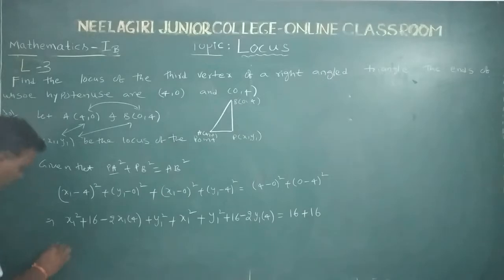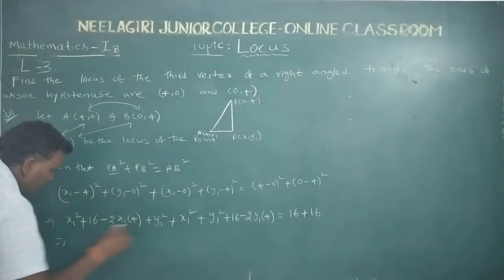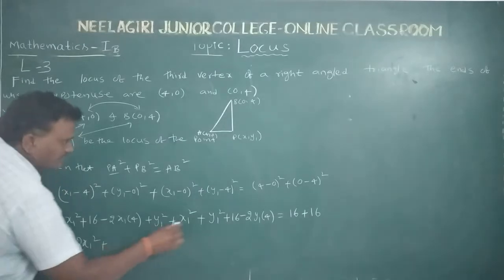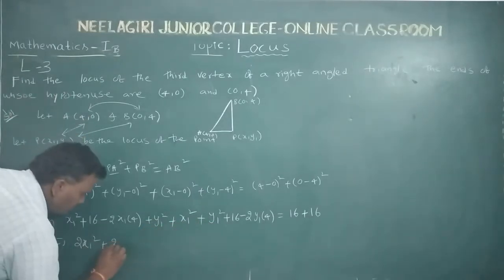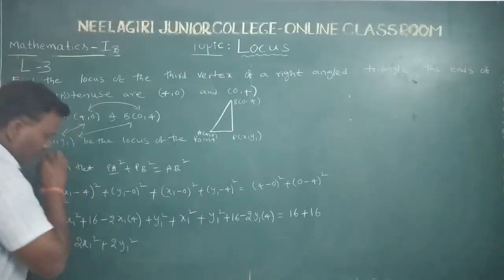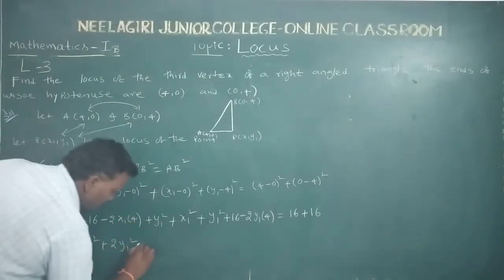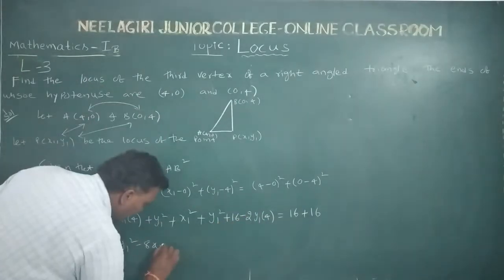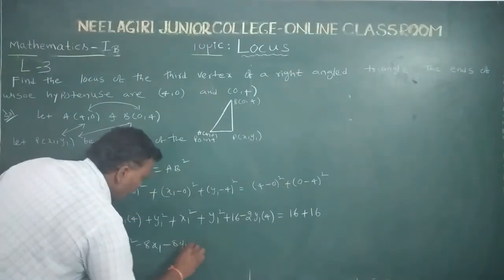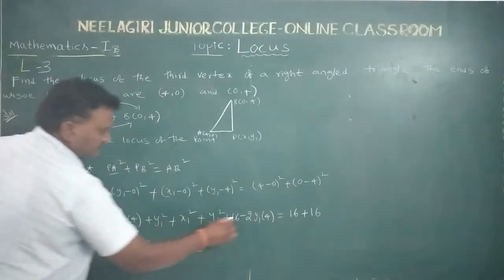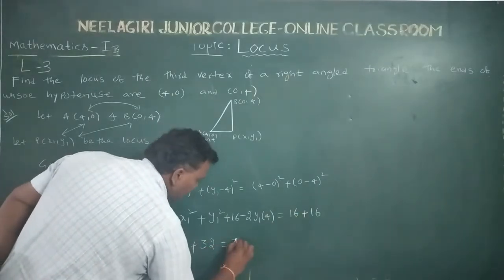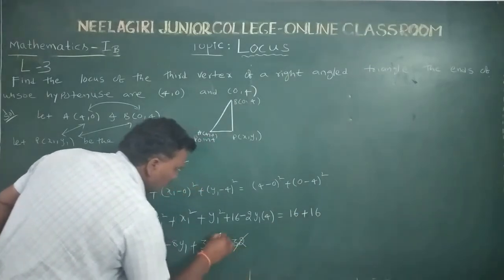Which implies x1 square plus x1 square is 2x1 square, y1 square plus y1 square is 2y1 square, minus 8x1, minus 8y1, plus 16 plus 16, how much? 32, equal to 16 plus 16, how much? 32.